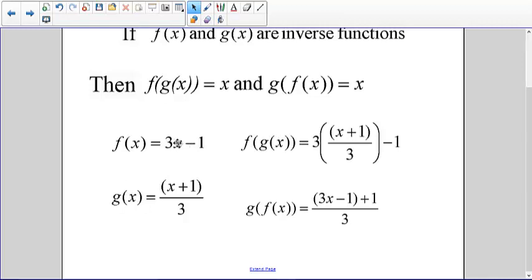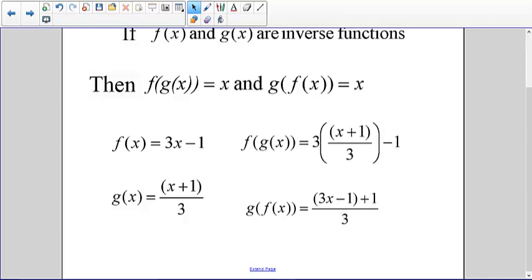So you'd have 3 times x, but x is (x plus 1) over 3. So that's f of g of x, and then you have minus 1. And if you go the other way, g of f of x, you plug this into there. So for x, you'll put in 3x minus 1. So instead of (x plus 1) over 3, we have (3x minus 1 plus 1) over 3.